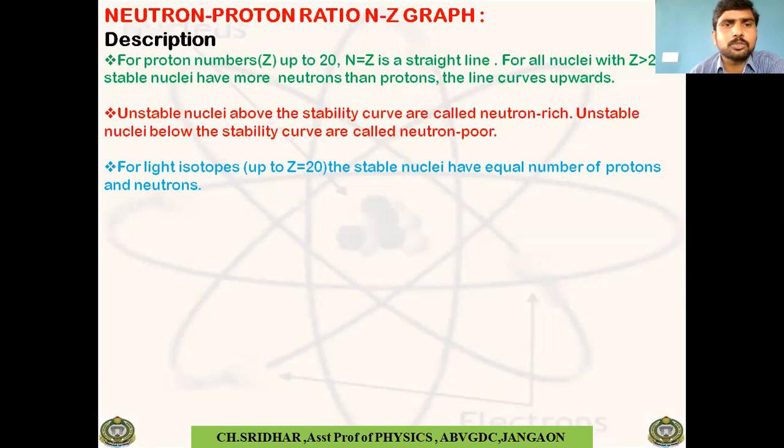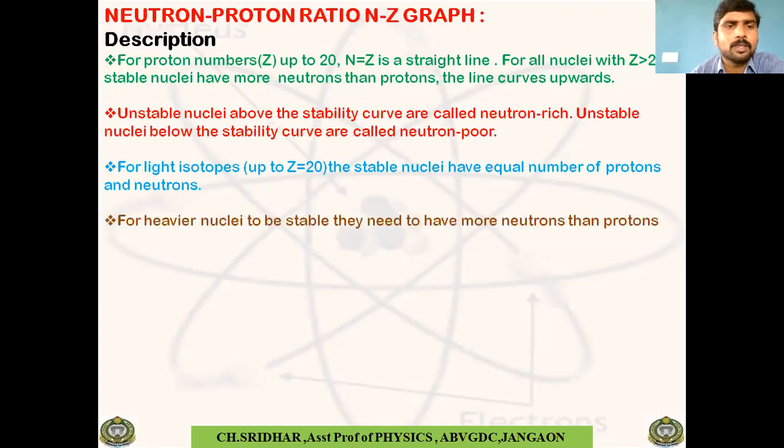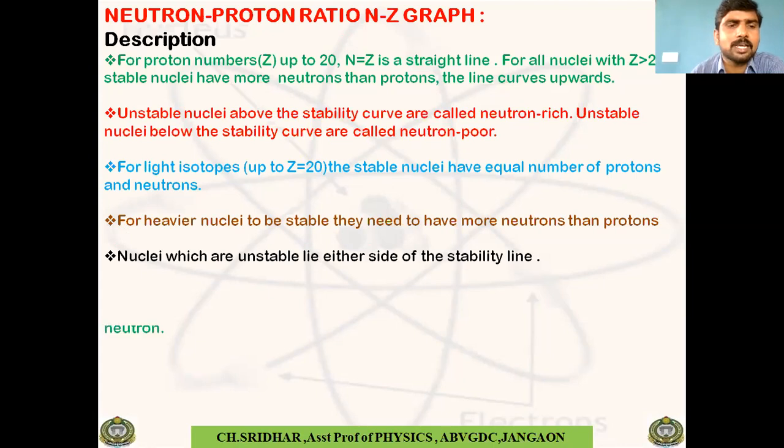For light isotopes, the stable nuclei have an equal number of protons and neutrons. Up to Z equals 20, the proton number is almost equal to the neutron number. For heavier nuclei to be stable, they need to have more neutrons than protons. Nuclei which are unstable lie on either side of the stability line.